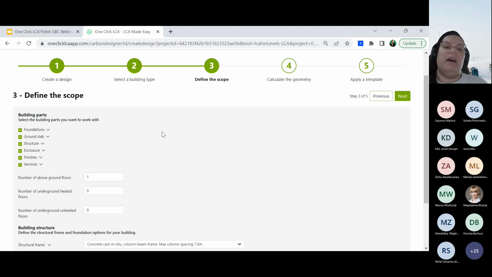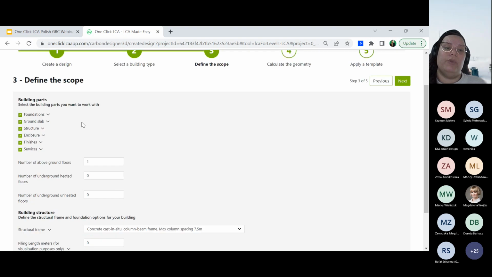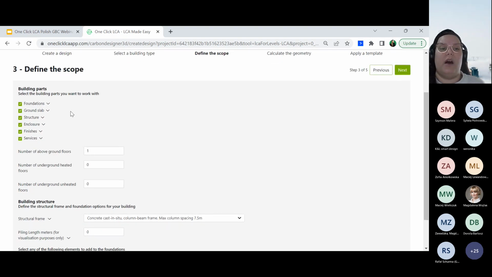Then we have here the scope. So this is where we'll be choosing our building parts that will be a part of this assessment. So here we have foundations, ground slab, structure, enclosure, finishes, and services. You can tick or untick them as you would like to perform your assessment.